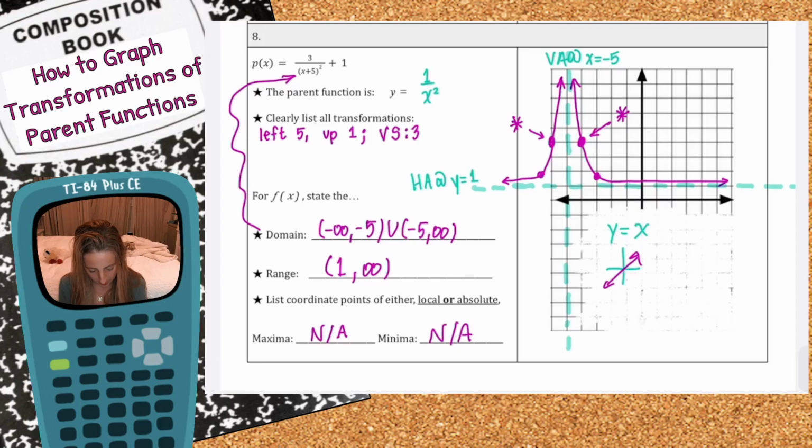Similarly, y equals 1 over x is going to also be in those two quadrants. So there's that bit of similarity. It's in quadrants 1 and 3.